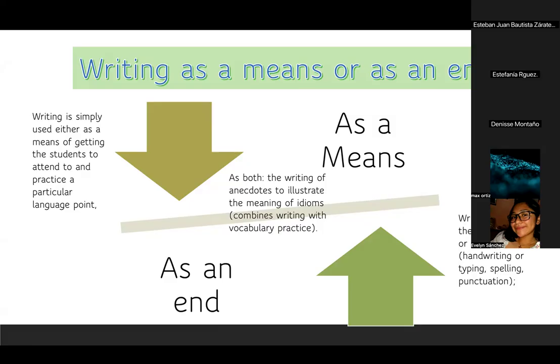That's how, commonly, you are going to design a lesson on writing. You have to consider writing as a means for practicing vocabulary and grammar, but also as an end to enhance students' correct production, in this case, in the use of punctuation marks.